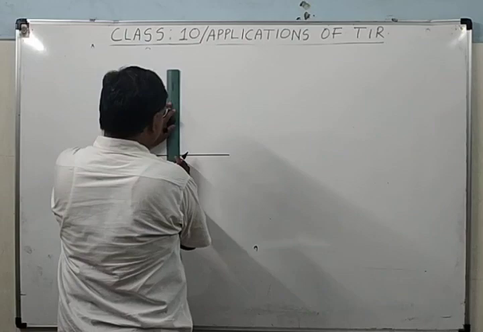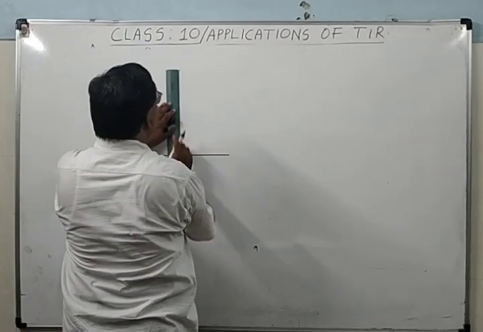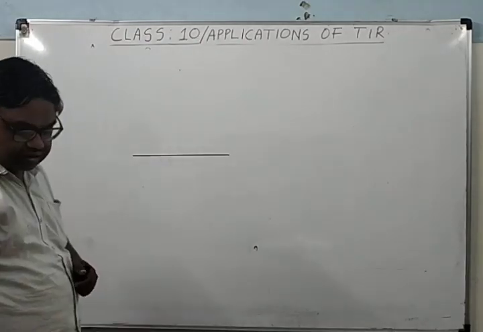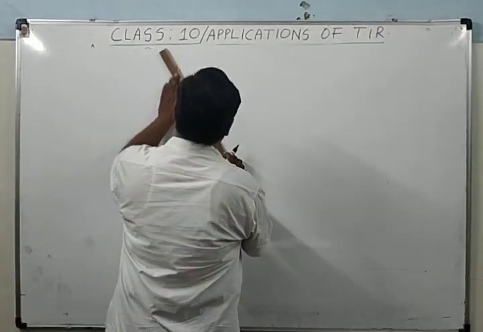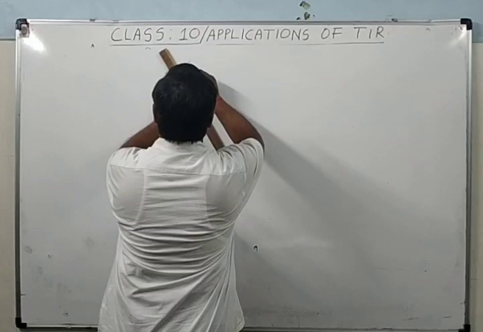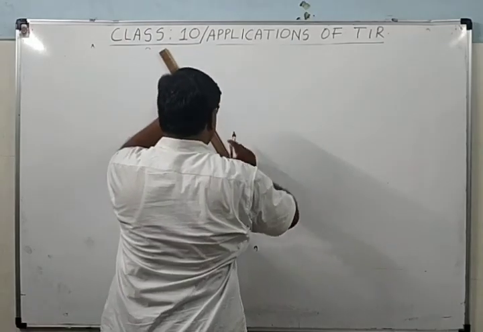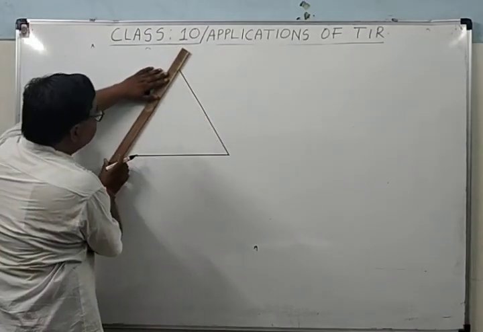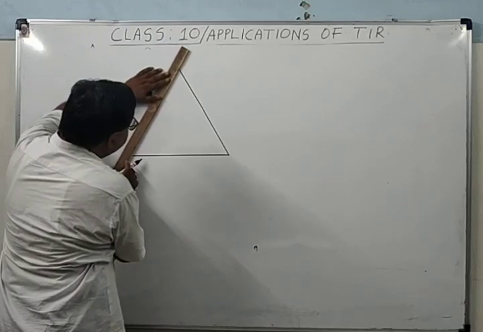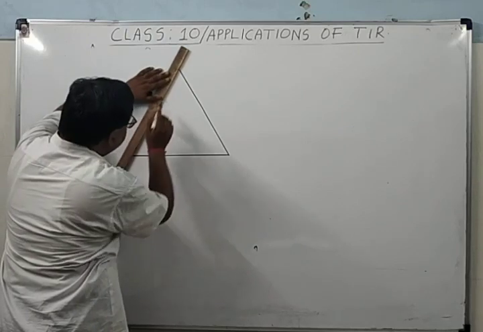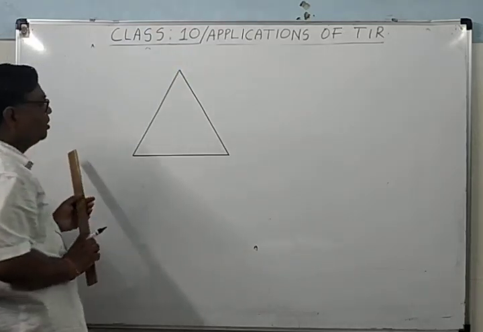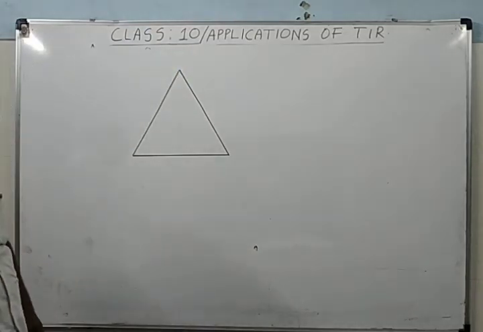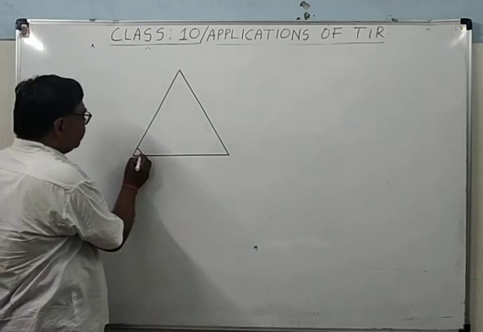Here I am making rough. This is an equilateral prism. All the angles will be of 60.